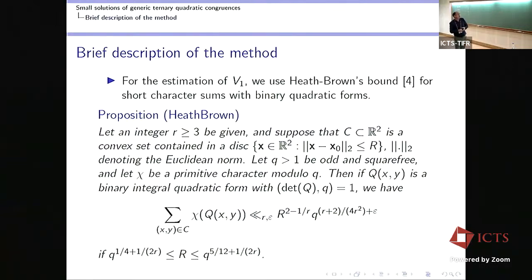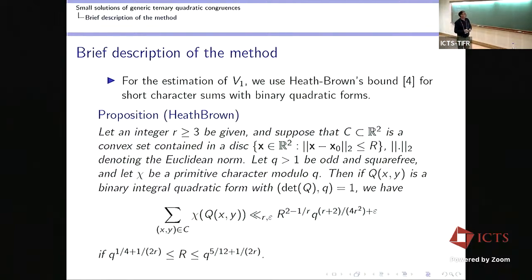Q odd should be square free, and let chi be a primitive character modulo Q. Then when we have a binary quadratic form with determinant coprime to Q, the non-singular case, we get a bound of this form here, depending on R and Q. You can guess that in the end, one uses similar arguments as in the Burgess bound.